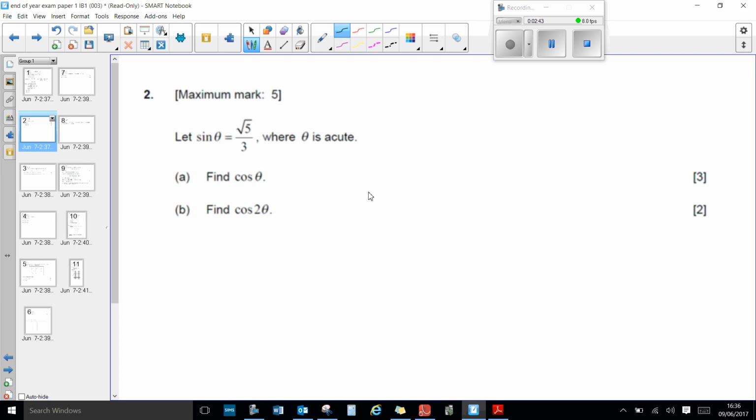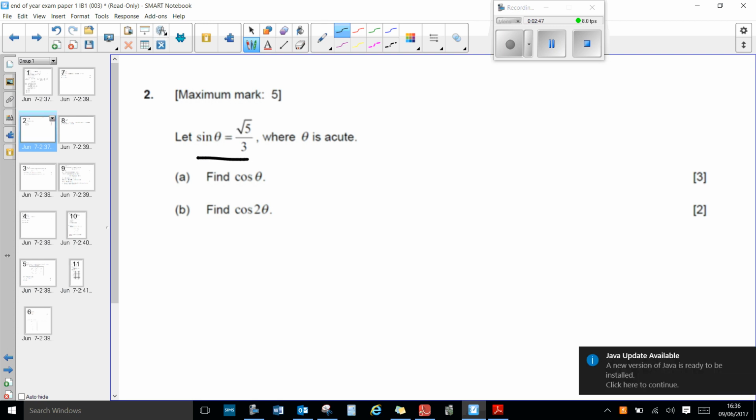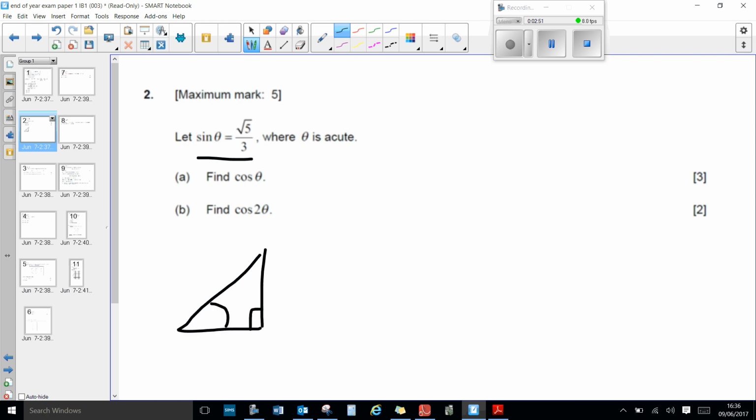So, as we've done recently, we recognize that if we know the sine value, we're going to draw ourselves a right angle triangle. Sine is opposite over hypotenuse, so the opposite value here would be root 5, and the hypotenuse would be 3. Okay, so the opposite over hypotenuse value.